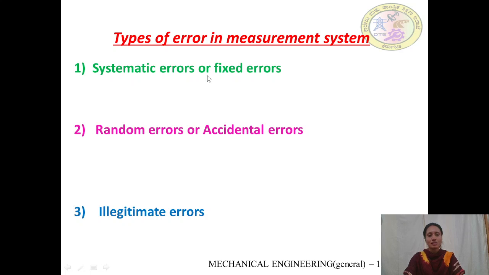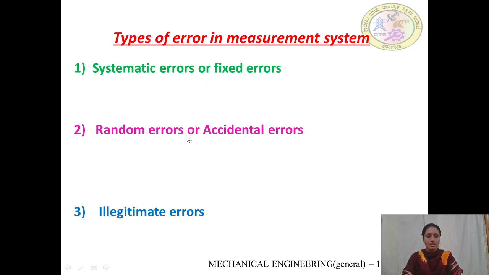In systematic errors, we have human error, environmental errors, stylus pressure, instrument errors, etc. And we also discussed them in detail.